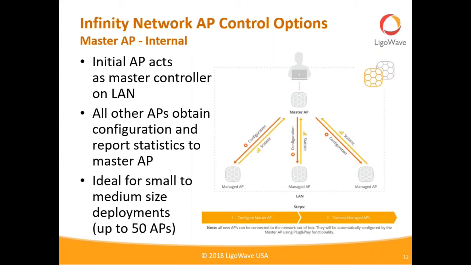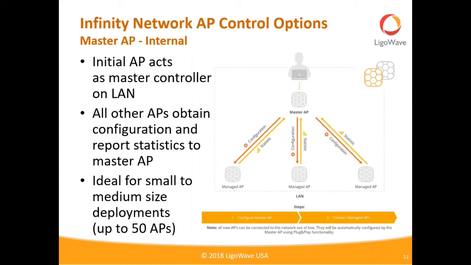When you want to control that network, all you need to do is log into the master AP, and you can see all of the APs on the network. If you need to make changes to specific access points, you do that through the master, but the master AP serves as the controller for the network. However, you don't need a separate appliance. It's all done from the AP.